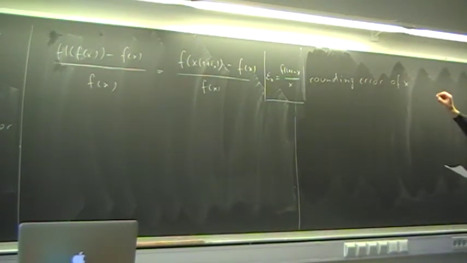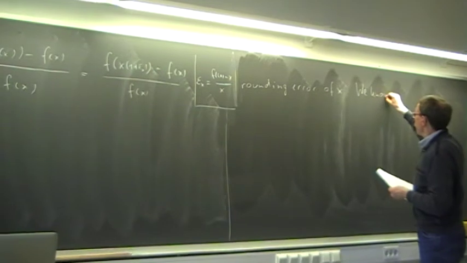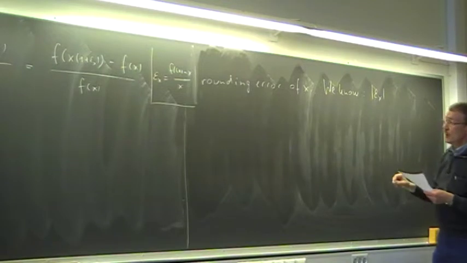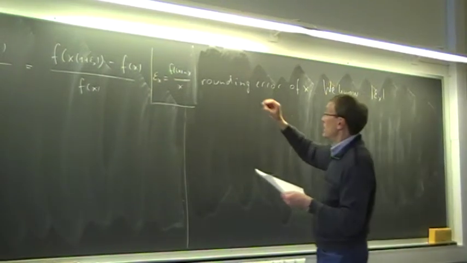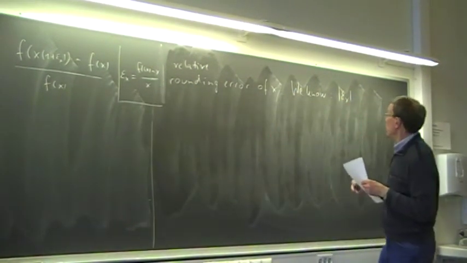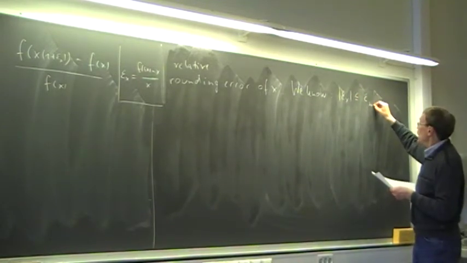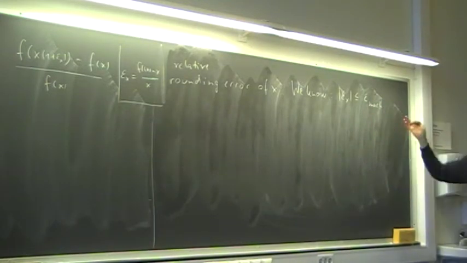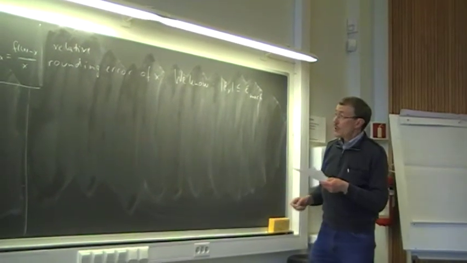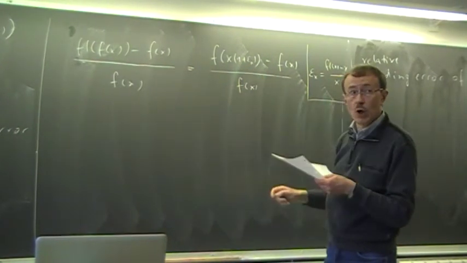And we know that this, in absolute value, it's the relative, sorry, it's the relative rounding error of x. And we know that this in absolute value is bounded by the machine epsilon of the computer. That is what we know. So that is then how we express the floating representation of x here.